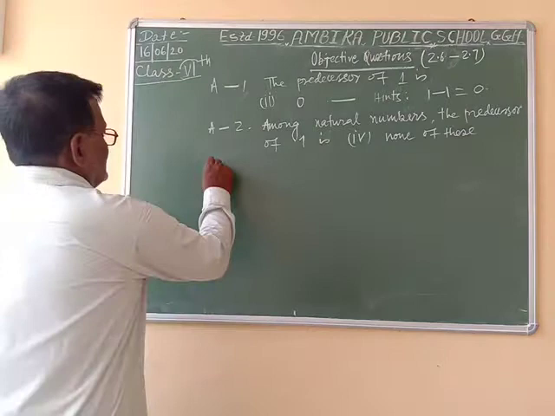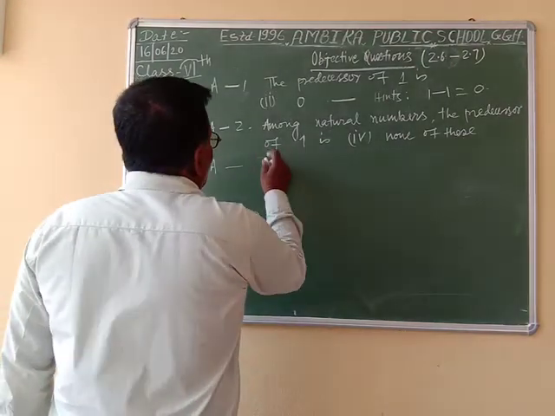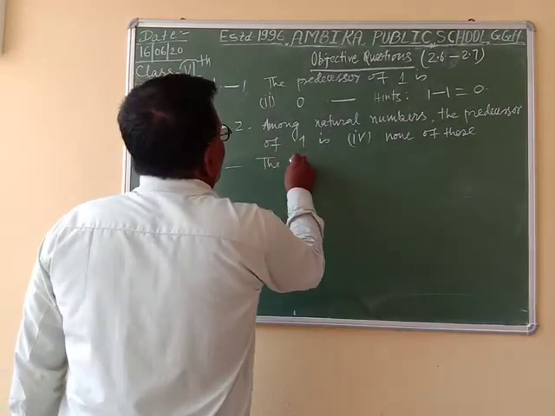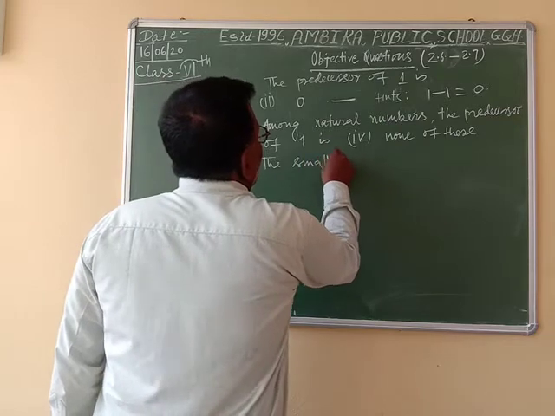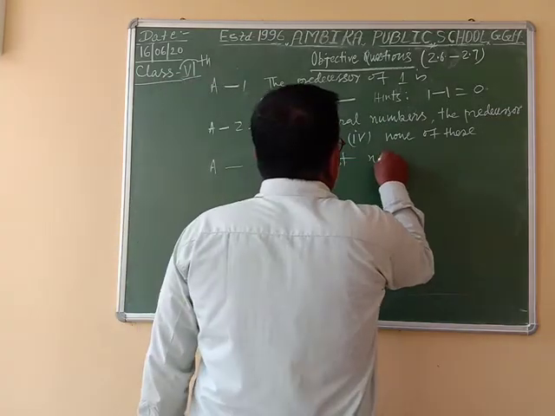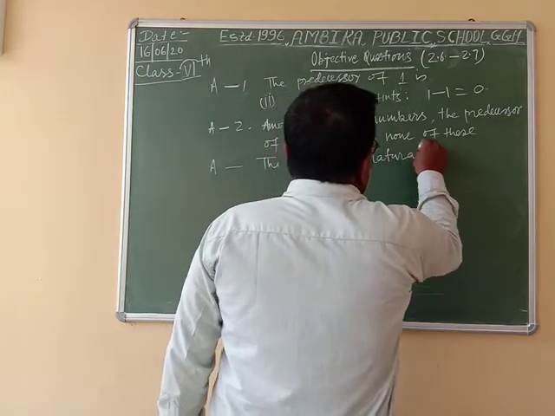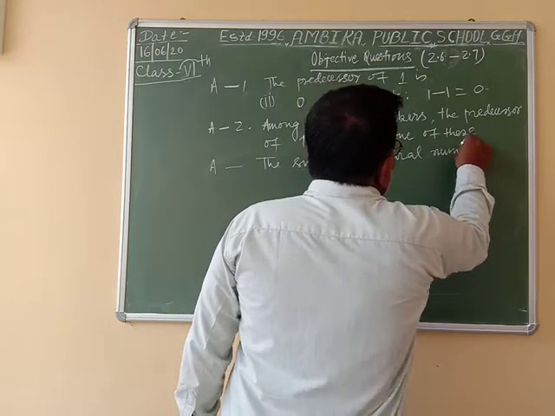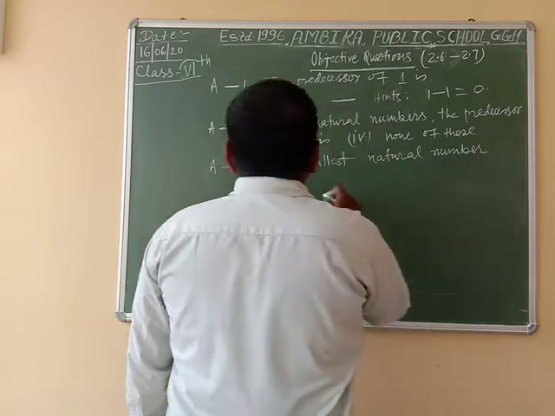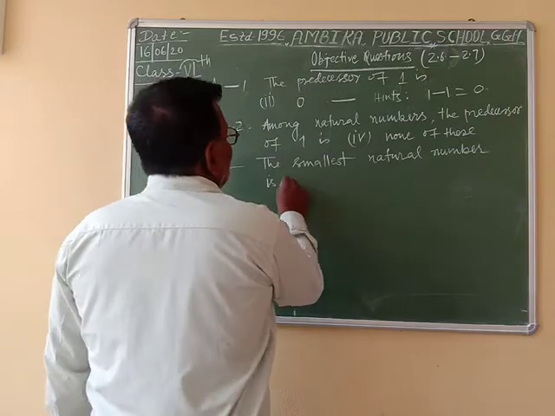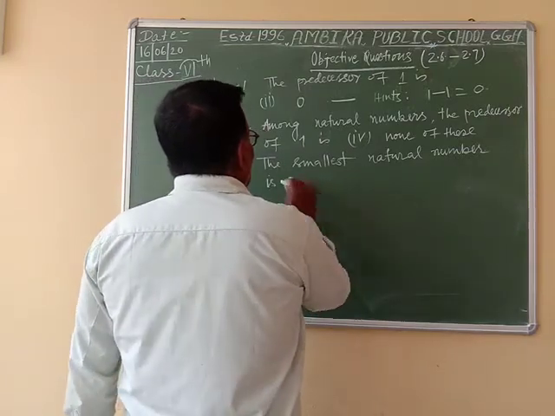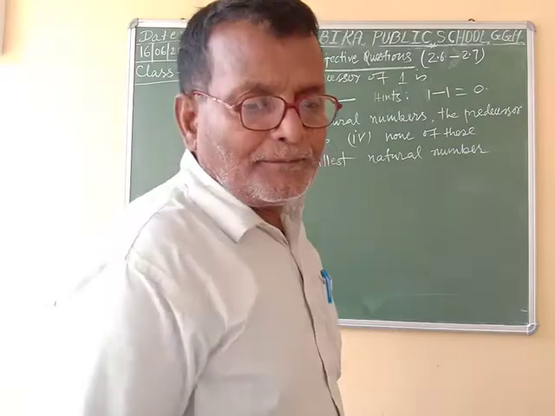In question number 3, the smallest natural number is 1.